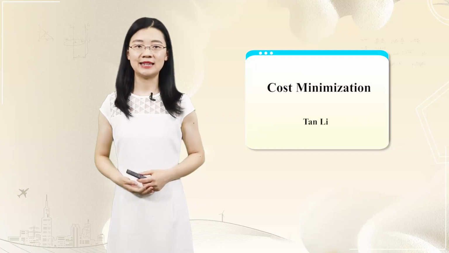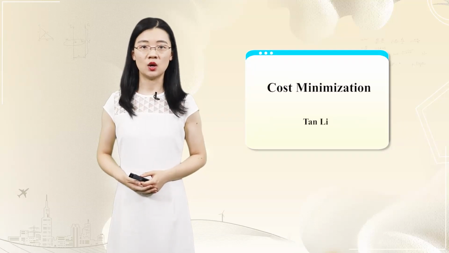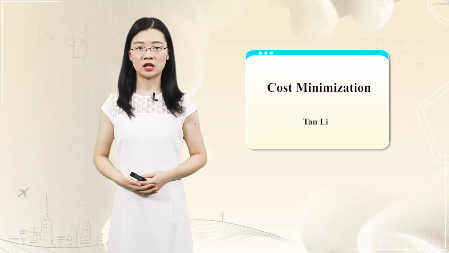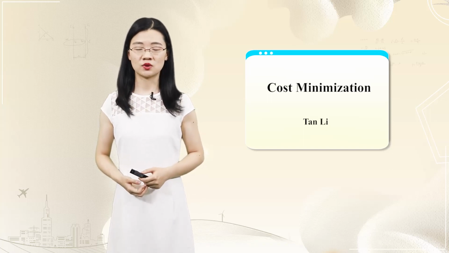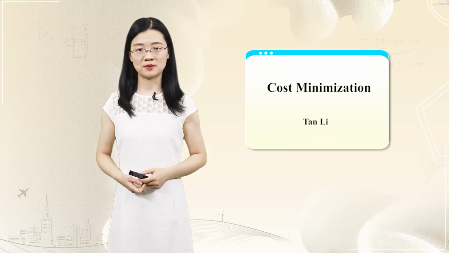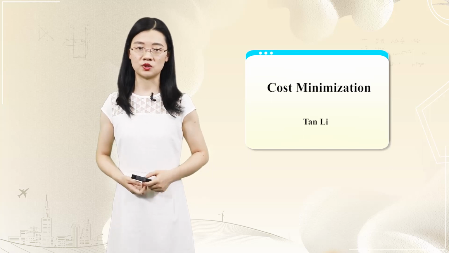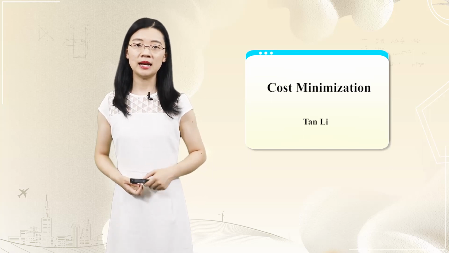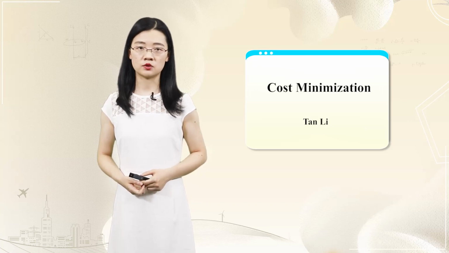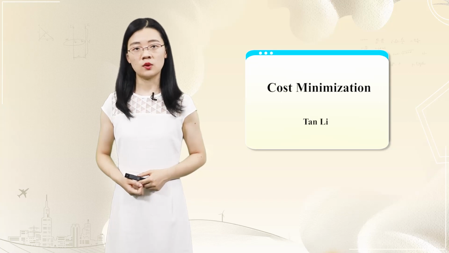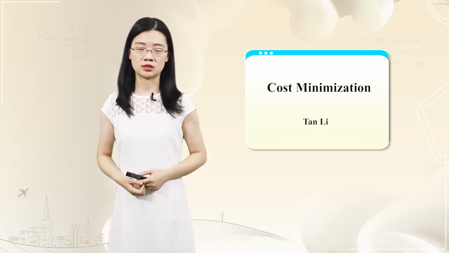Hi everyone, welcome back. In the previous two lectures, we introduced the production technology of the producer and discussed how to use production function to describe the production process of the producer. Any production process must involve inputs of various factors of production, which certainly incurs costs.